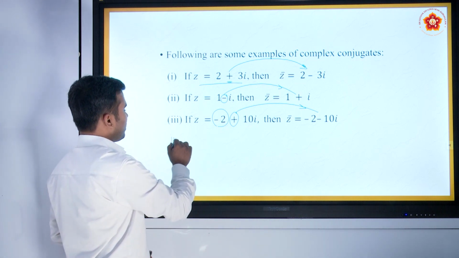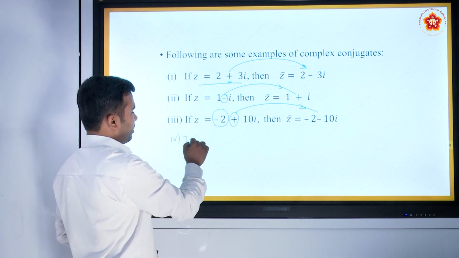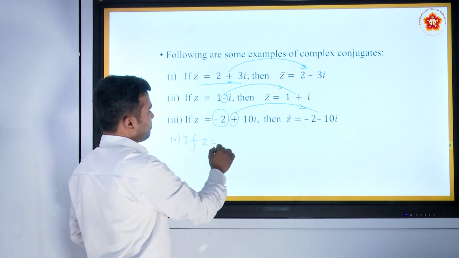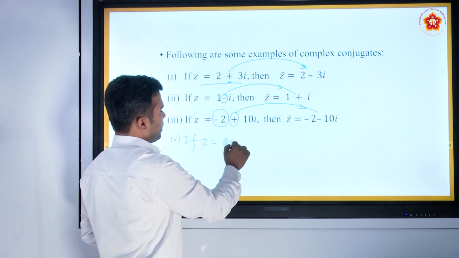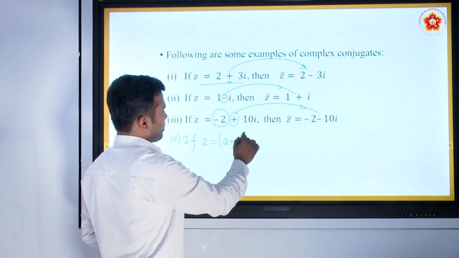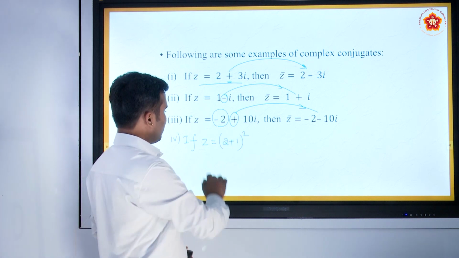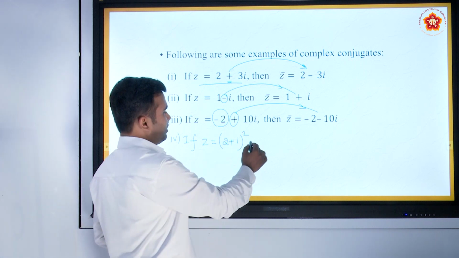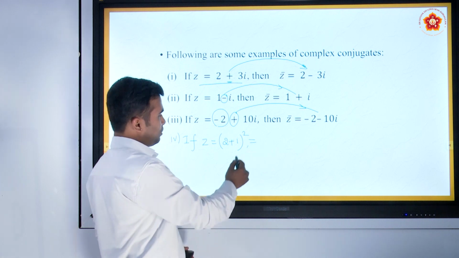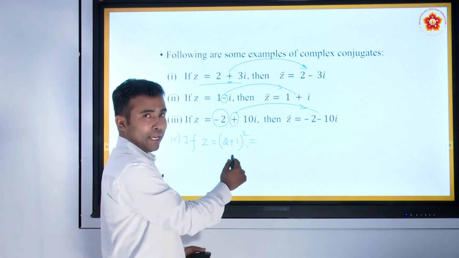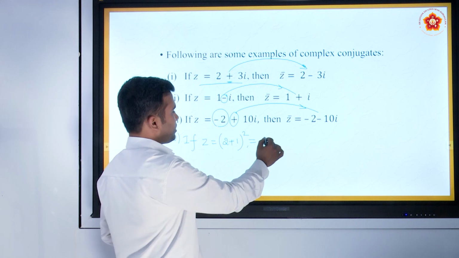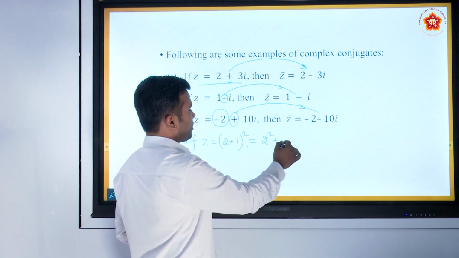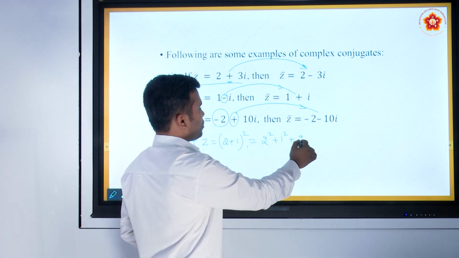Suppose we have another example, say z is equal to (2 plus i) whole square, and we have to write the conjugate of this complex number. You just expand this using (a plus b) whole square, that is a square plus b square plus 2ab.